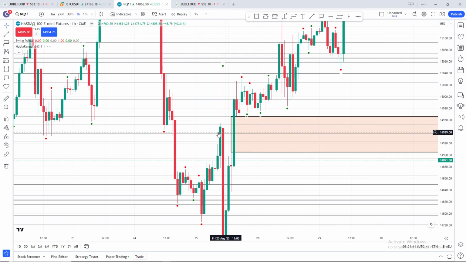Now what do we want to look at? We are bullish. So we want to look at a bullish order block that has taken the liquidity, and that is at 71. Now that is the first order block that you need to look at.